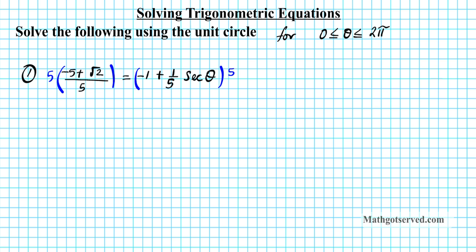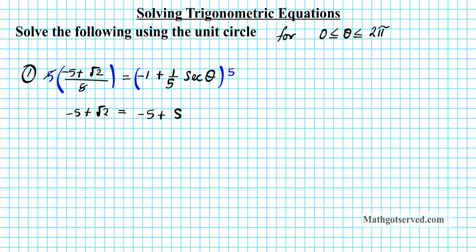Alright, so let's see what happens on the left side. This 5 cancels out with that 5, so we're left with -5 plus root 2 equals, if you distribute the 5 here, you have -5 plus, if you distribute this 5 to this 1/5, you have 5 over 5, which reduces to 1, and it cancels out.